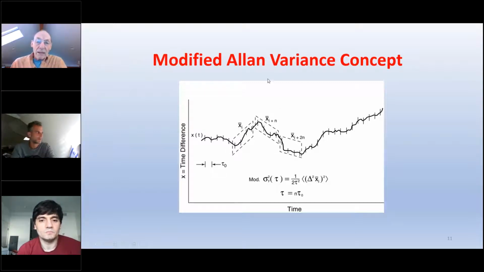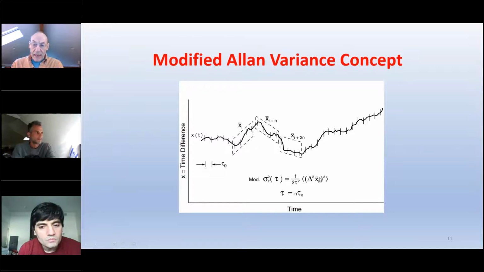What's done with the modified Allan variance is that instead of taking individual points, you take the average. So it's kind of a pre-filter. You smooth the data by averaging over an interval tau. Tau is the averaging time. So you average over the interval for each of 3 successive intervals, and then you take the difference of those average times against each other to get rate, and then the difference of the next one, and it's the second difference of these averages.